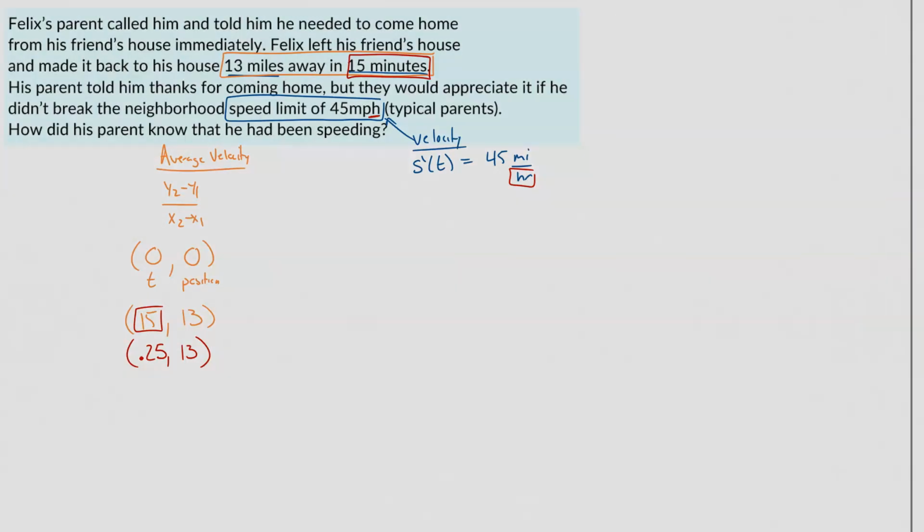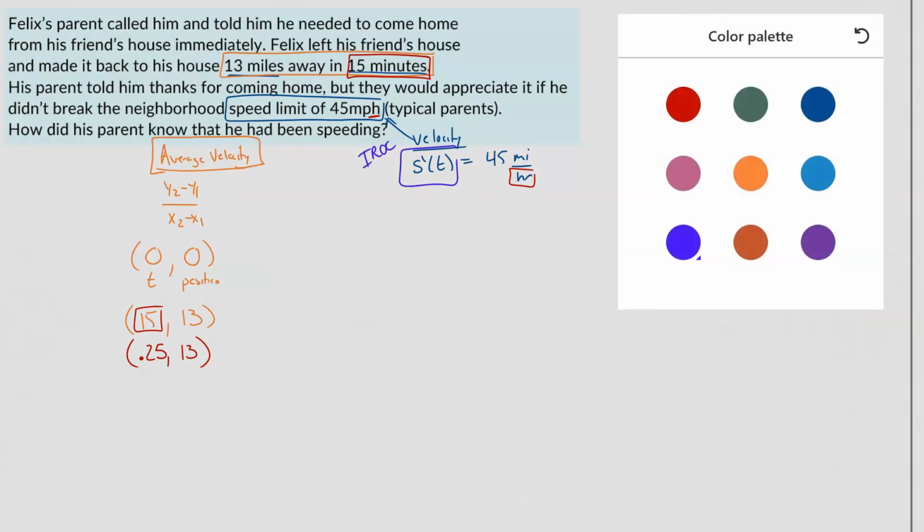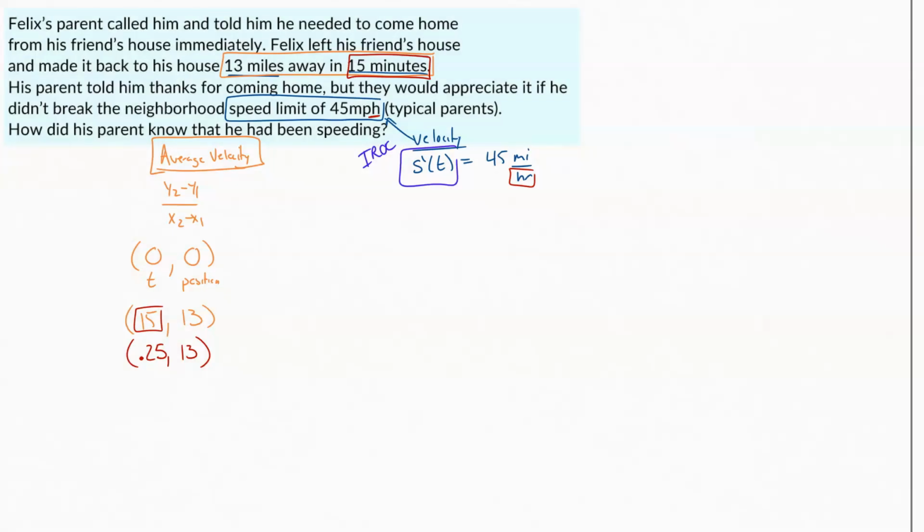Now that I know what I'm looking at, there's a classic mean value theorem. Whenever you need to compare the average to an instantaneous, which is what a derivative is, right? An instantaneous rate of change, that's when your mean value theorem comes into play. The mean value theorem, if you don't know it right now, you're going to want to know it.